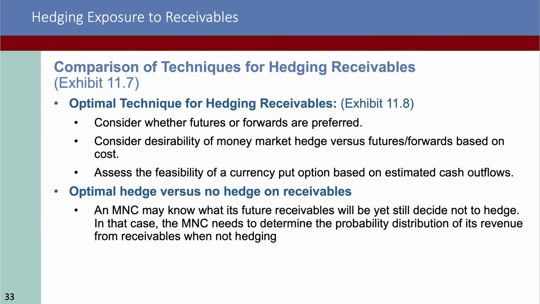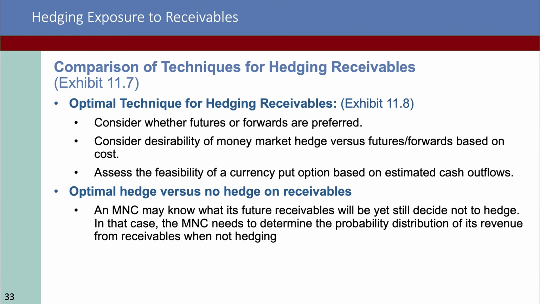Here is a comparison of techniques in hedging receivables, all similar to the payable, but in the opposite way. Optimal technique for hedging receivables: consider whether futures or forwards are preferred. Okay, it's relatively cheap because you don't really pay a price upfront. Although in futures you need to put up margins of 3%.